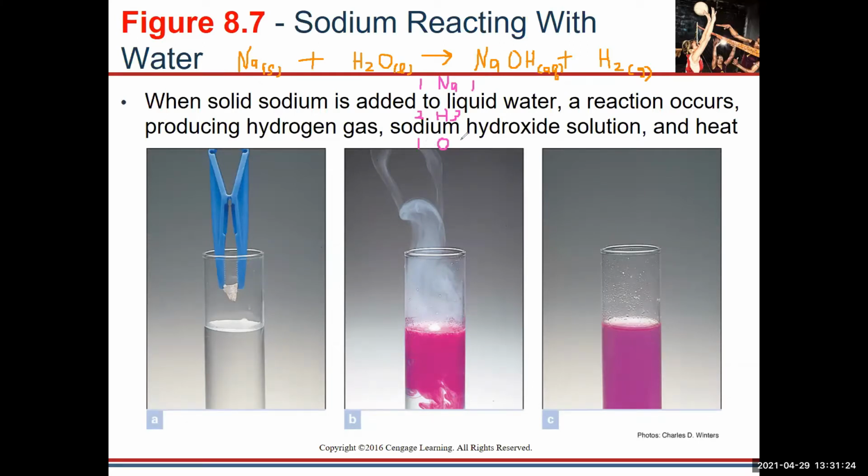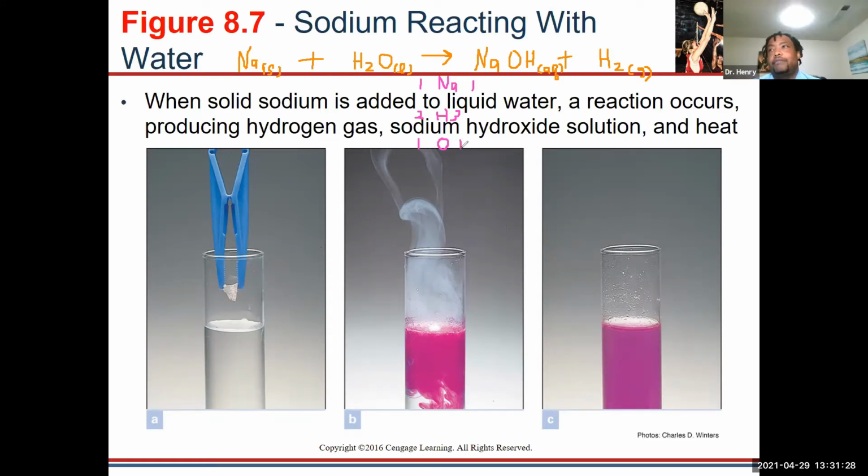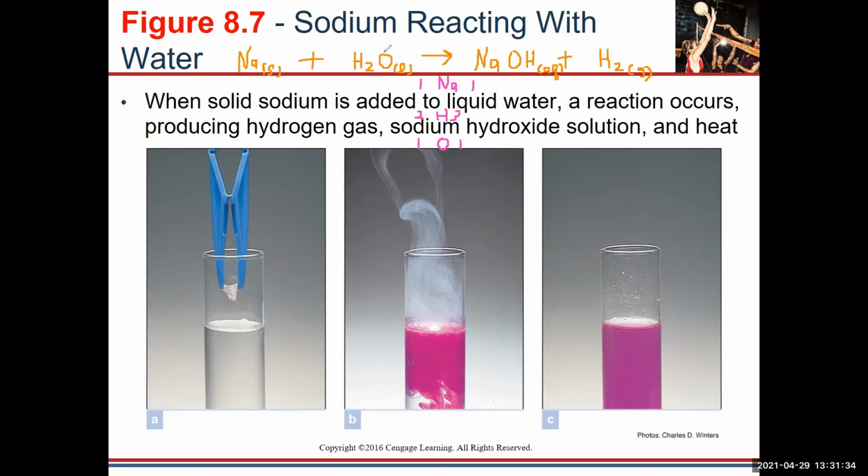And on the product side? 1. Okay, is that balanced? No. Okay, so what do we need to do to balance it? Would you put a 3? Where would I put a 3?